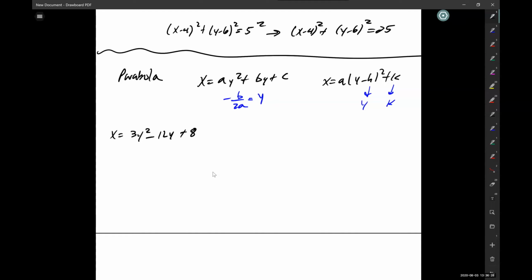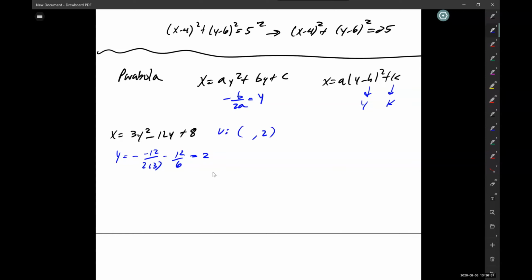So here we have one in the standard form, which means that the y coordinate will be given by negative b over 2a, which in this case is negative negative 12 over 2 times 3. So the negative cancels, and we have 12 over 6. This gives me a y coordinate for my vertex of 2.